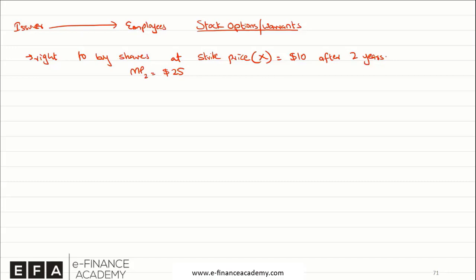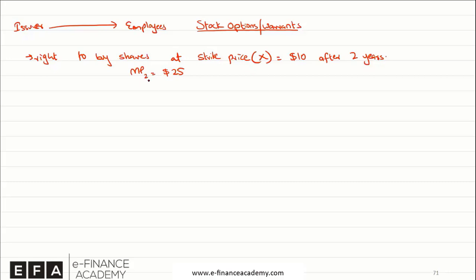How would we know whether these stock options are beneficial or dilutive? The idea is simple. If the stock option would benefit the employee, then of course the employer would not benefit from the option. The employer would be at the expense, hence it would be dilutive.